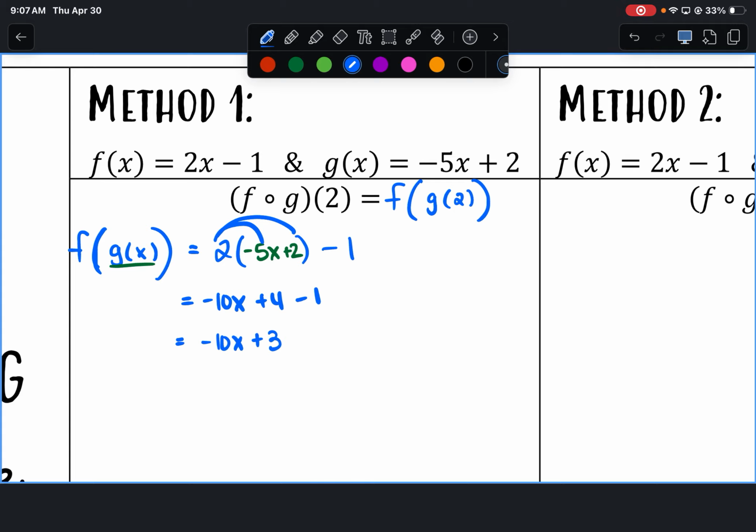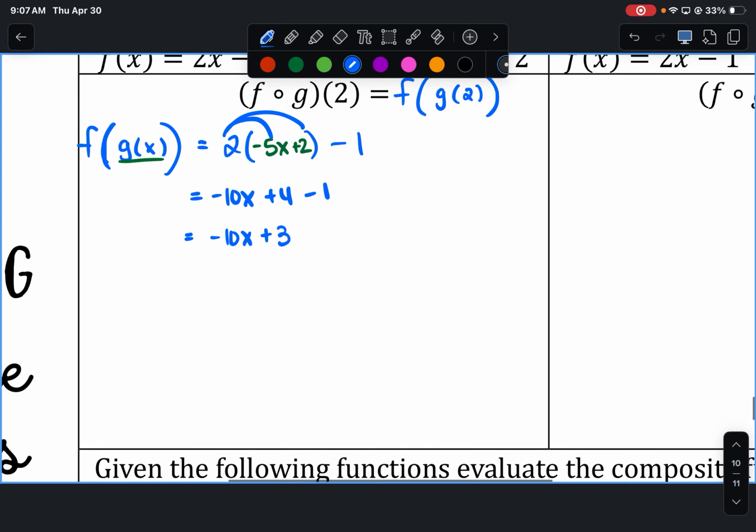All right, so from here, all we would have to do in order for us to evaluate f of g of 2 is to replace x with what? 2. Okay, so it would be negative 10x plus 3, which would be 2.